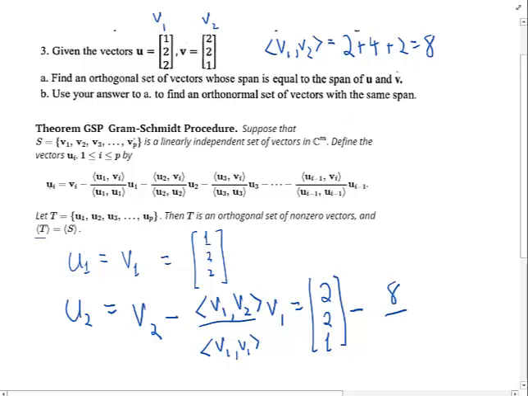Let's look at v1 inner product with v1. That's going to be 1 times 1, or 1, plus 2 times 2 is 4, plus 4, equals 9. So here I have 8/9 times v1, which is 1, 2, 2.